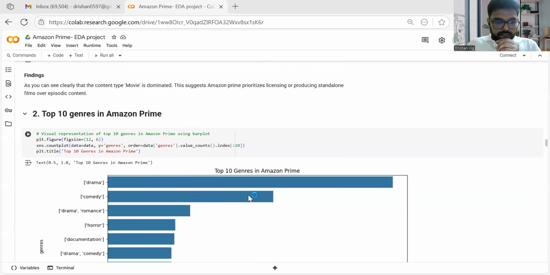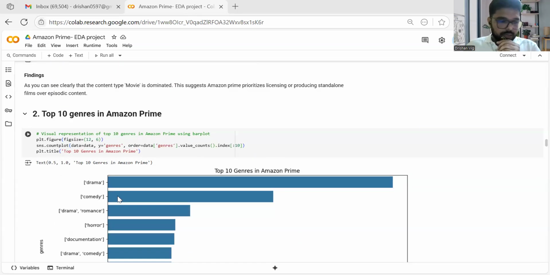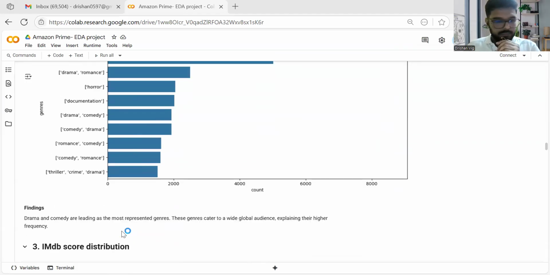This is the chart which represents the top 10 genres in Amazon Prime. As you can clearly infer, drama and comedy are the leading giants in this data set, the most represented genres in this visualization.